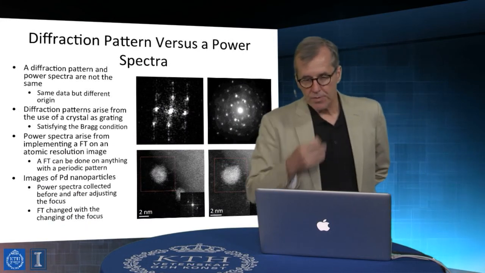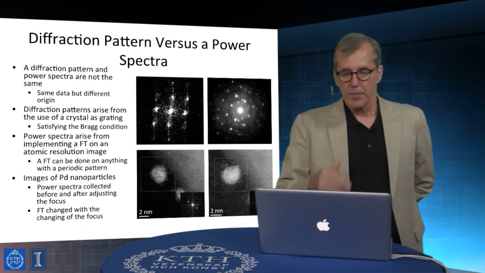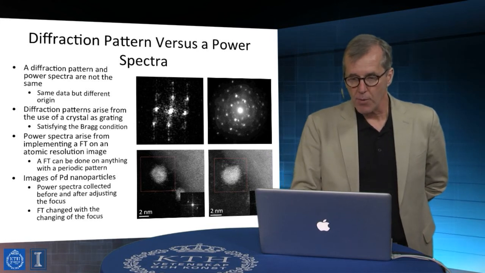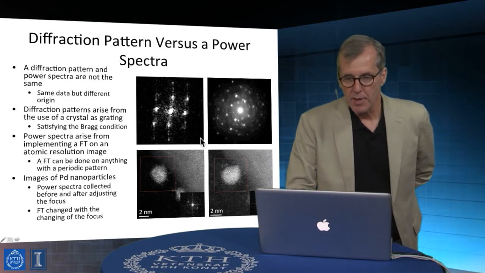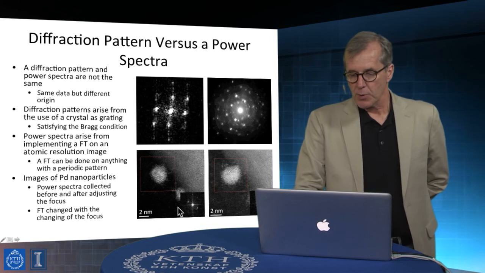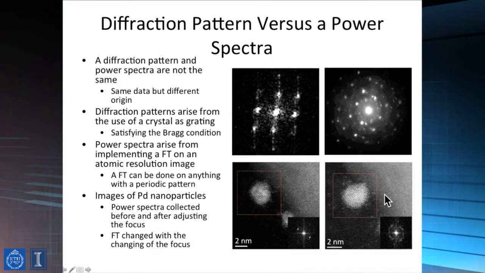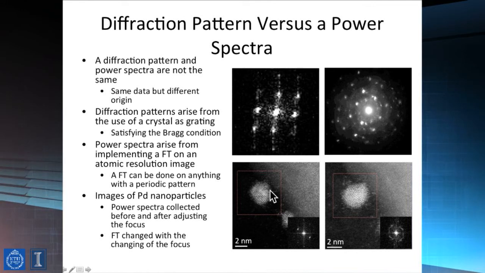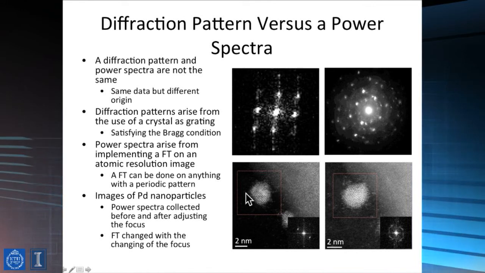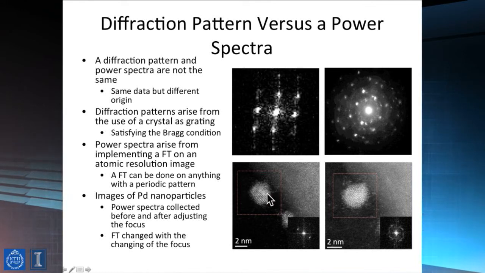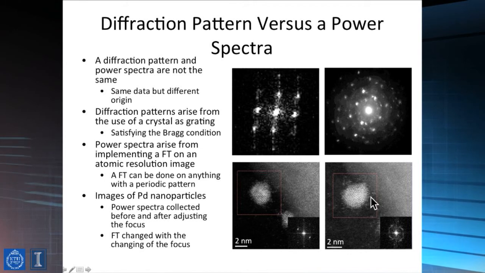Okay, so diffraction is actually a pretty empowering form of measurement, but frequently when we're doing atomic resolution imaging, so here are two examples of atomic resolution imaging done on a particular sample. These are palladium nanoparticles supported on, I believe, a carbon substrate.